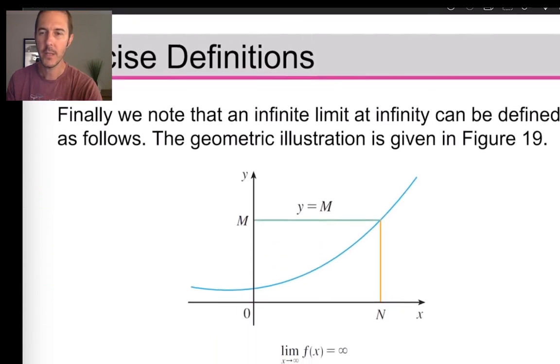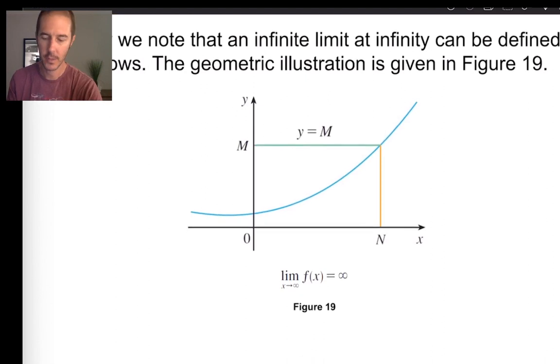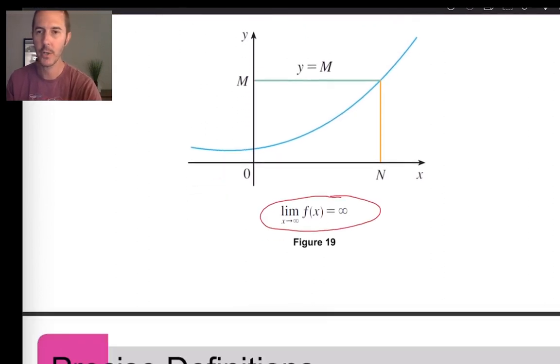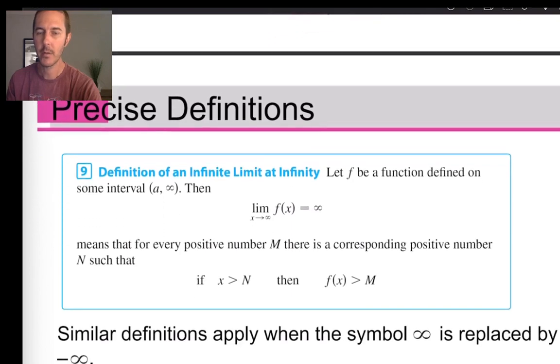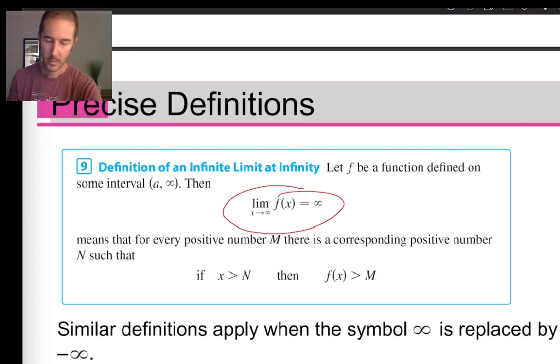And then we have infinite limits at infinity, so it can happen that as your x values get really big, your y values get out of control in the positive direction. That can happen. We can very specifically say that that kind of relationship is true if our y values are meant to be larger than some arbitrarily large m value.